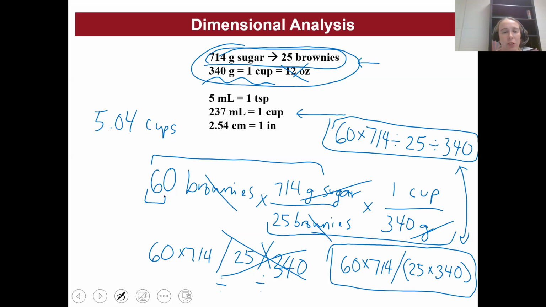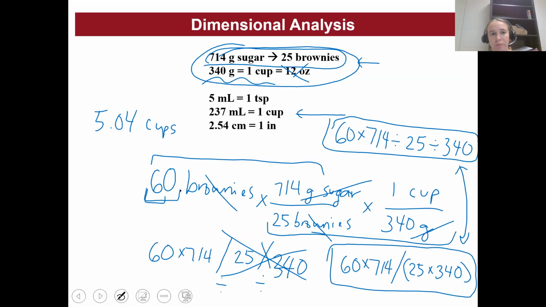So if we round to the correct number of significant figures, 60 brownies, let me stop myself. 60 brownies is a count, so that would technically have unlimited significant figures.